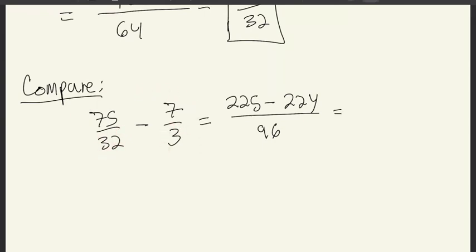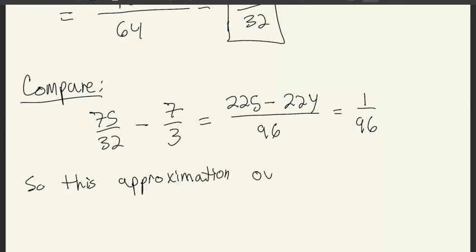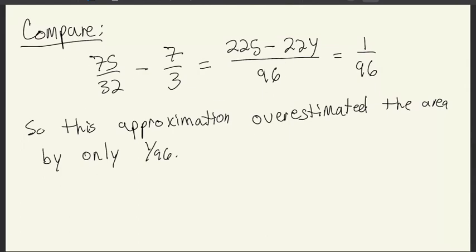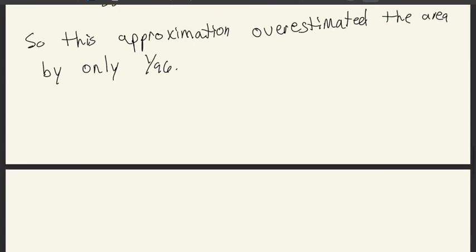I'm just trying to subtract this fraction, so get a common denominator, which gives 1/96. So this approximation with only n equals 4 overestimated the area by only 1/96. So that's a pretty good approximation.